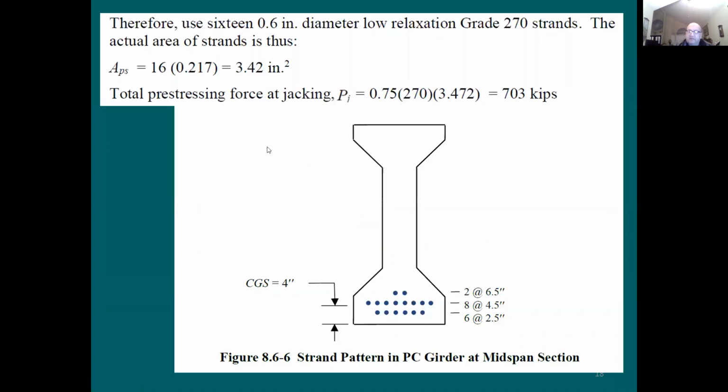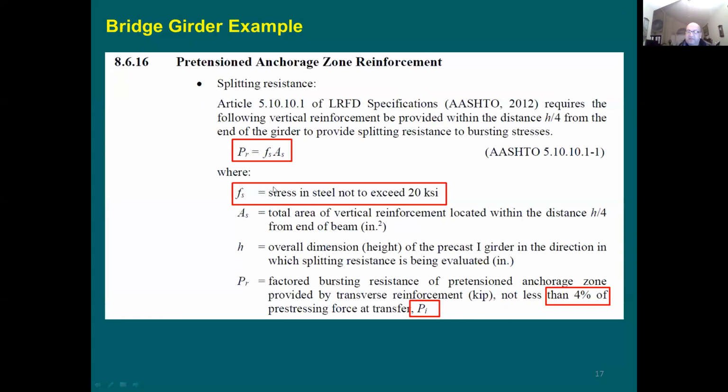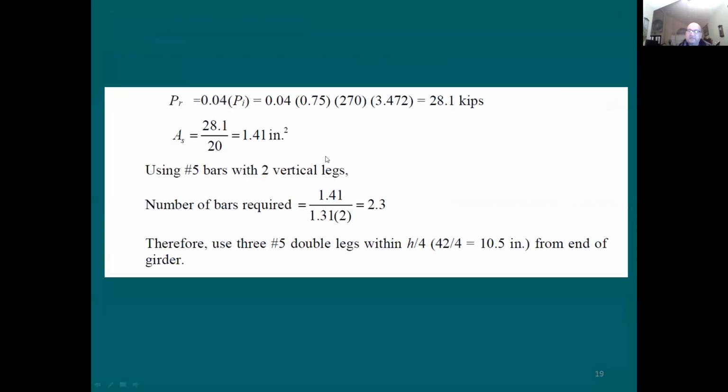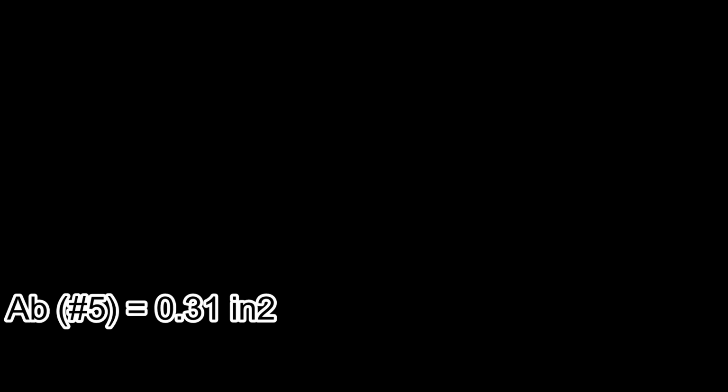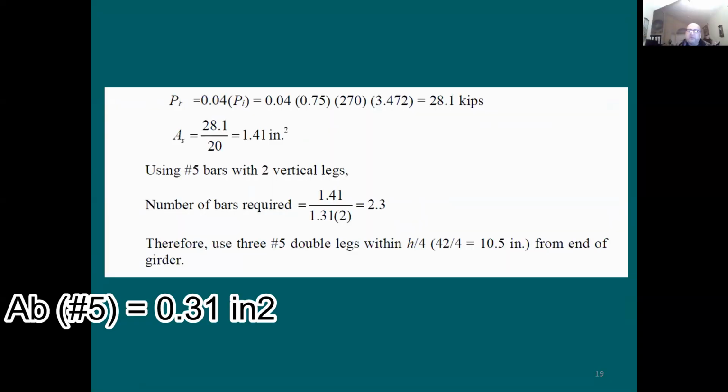This 20 ksi comes from the fact that it says here, the stress in the steel should not exceed 20 ksi. We go back here to our example. Now you can see here, I'm going to be using number 5. Number 5 has cross-section area of 0.31 square inches. When you have 2 vertical legs, because you may have a closed tie or maybe an open tie with 90-degree standard hooks at each end.